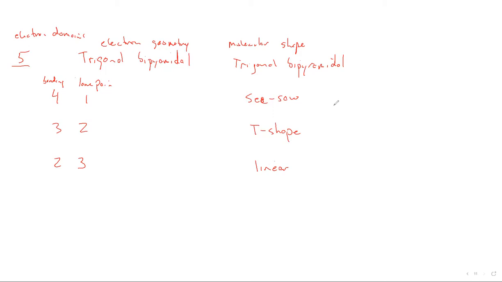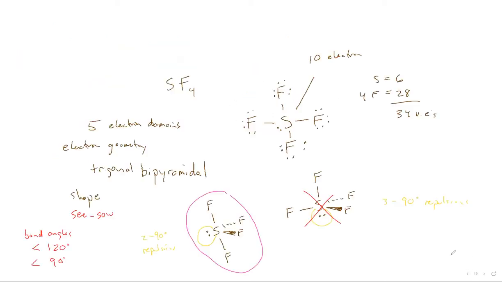If you have all the same things, like the PCl5, it's going to be nonpolar. As soon as you start to get these T shapes and the seesaws, you can see that this is going to be polar, because the fluorine is more electronegative than the sulfur. So you'll have these dipoles, and this is no longer highly symmetrical.